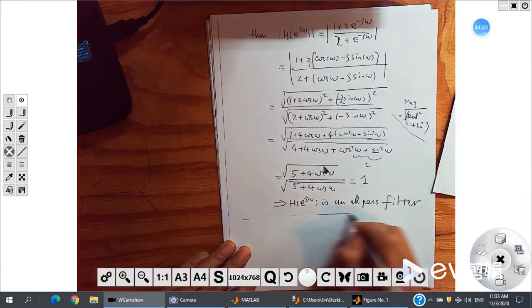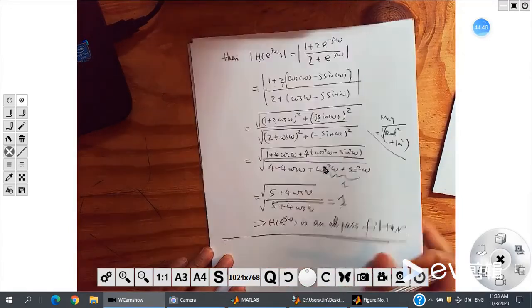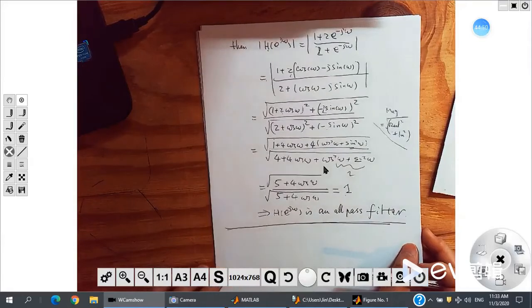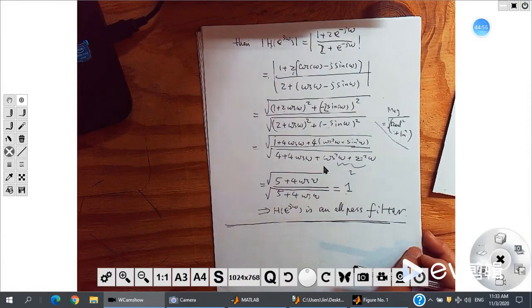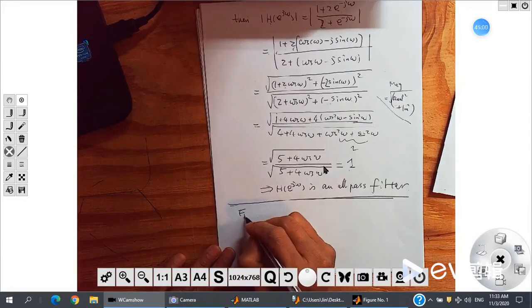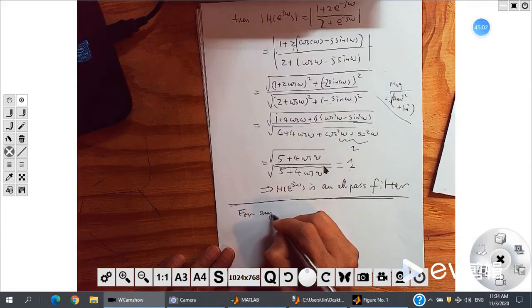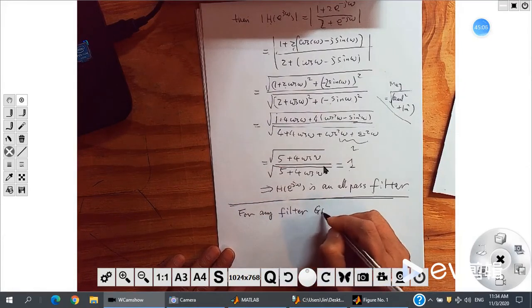Then we can apply all-pass filters. An all-pass filter has a feature. If you multiply an all-pass filter on any other filter, the magnitude will not change, right? Because this one is always 1. So for any filter, let's say it's G of e to the j omega.